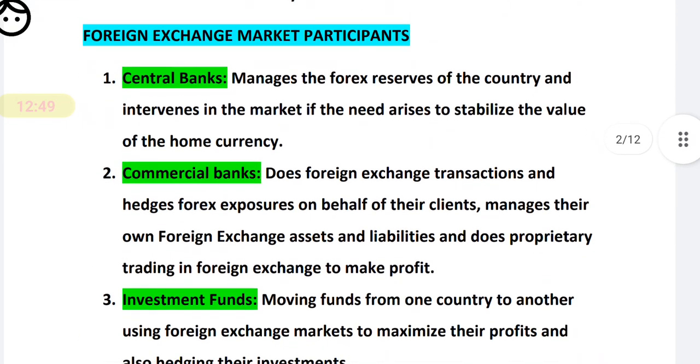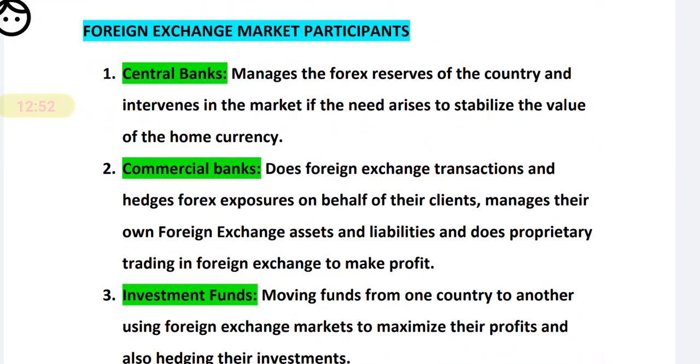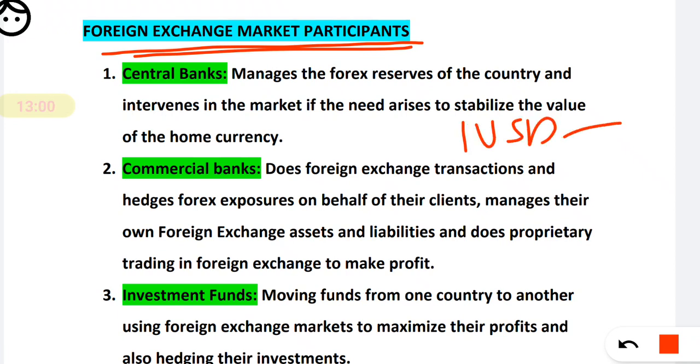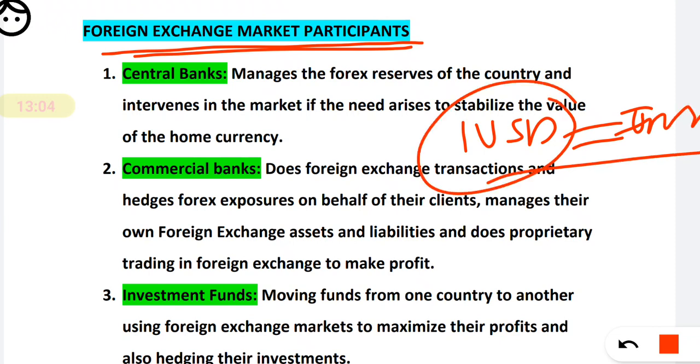Now we have to discuss the theory part again: foreign exchange market participants. We have discussed what forex is: one currency being exchanged for another, say $1 for 78 Indian rupees. Now we are doing a forex transaction at a forex rate, right?